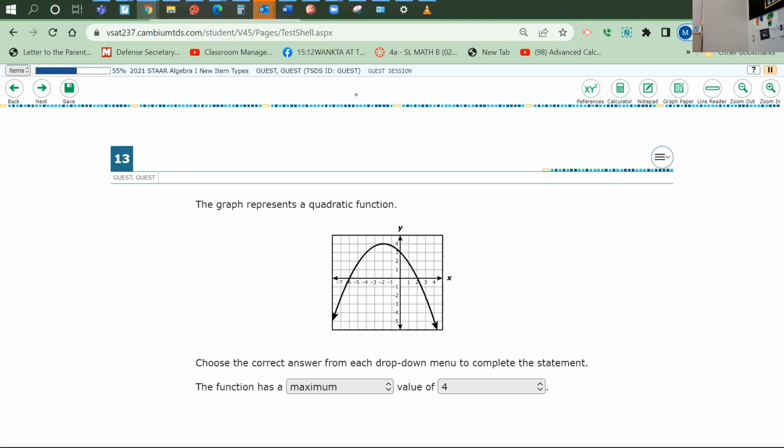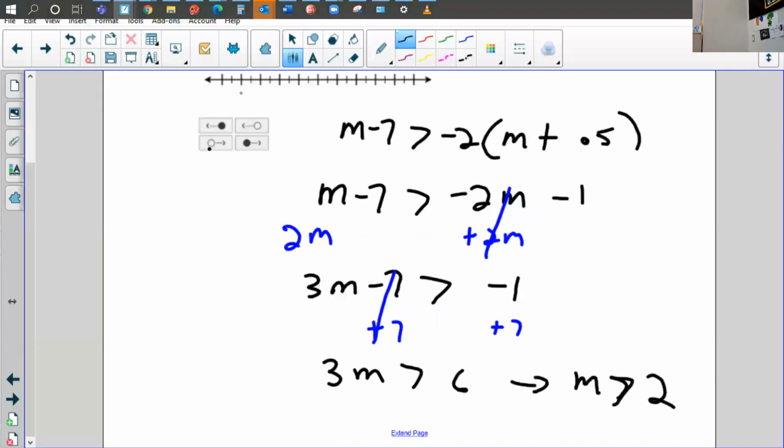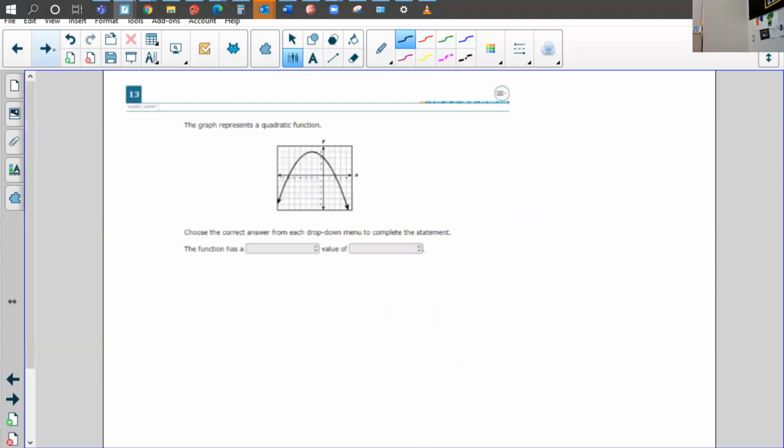Well, I can't draw on that one. Let me go back to the slides. All right, graph. So remember, this is a maximum. A maximum graph looks like this. That's a maximum because that's the vertex, right? It's the highest point of the graph.